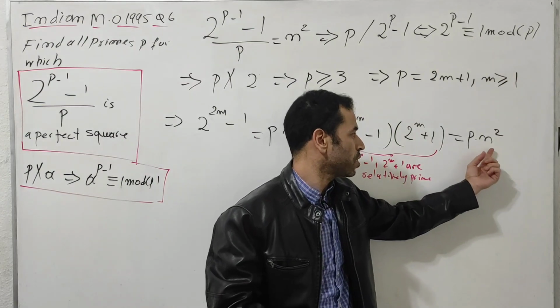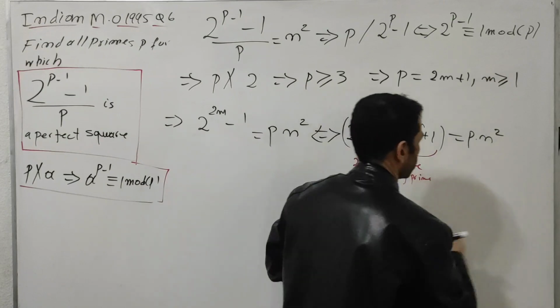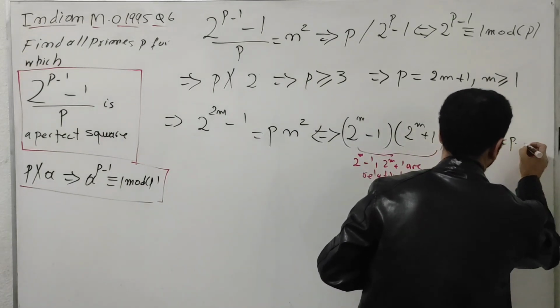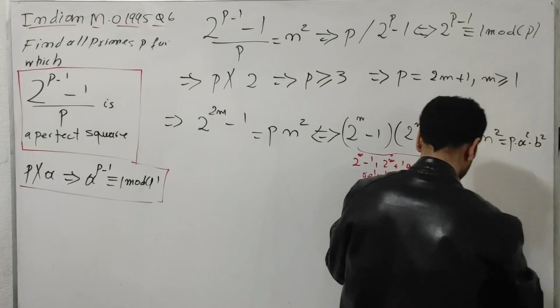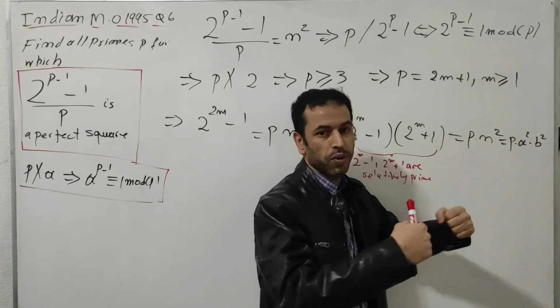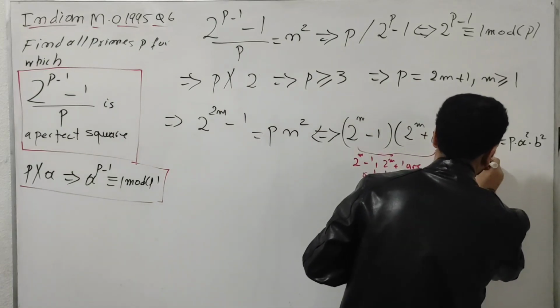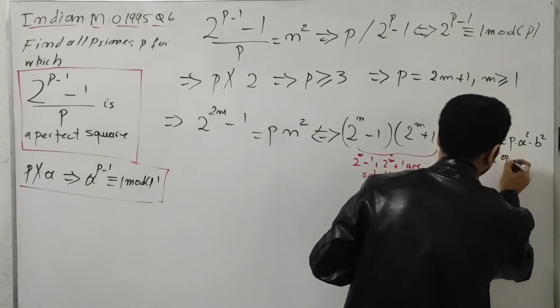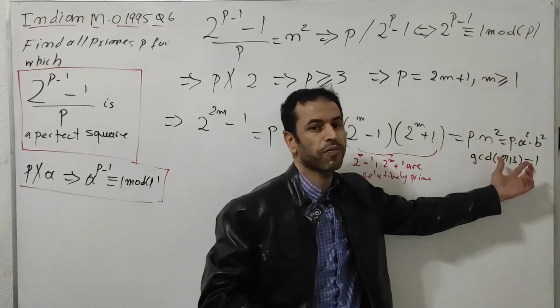So I'm going to split this n squared into two parts, written as p multiplied by a squared multiplied by b squared. If you have a square of a number, you can split it into two parts, but remember that the GCD of a and b must equal 1, because they are relatively prime.